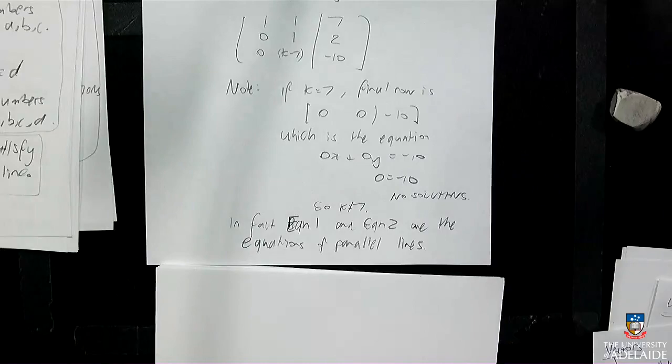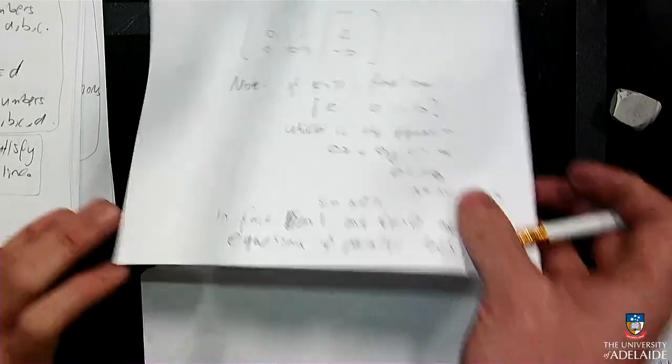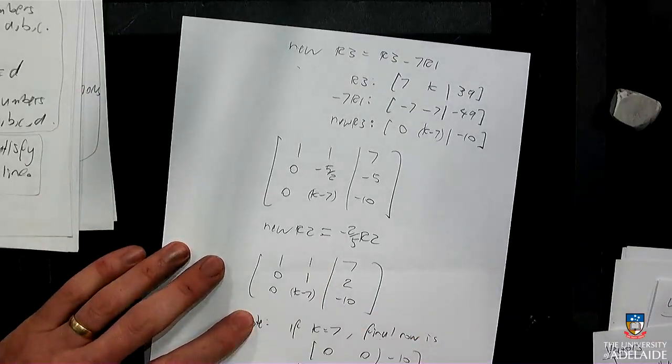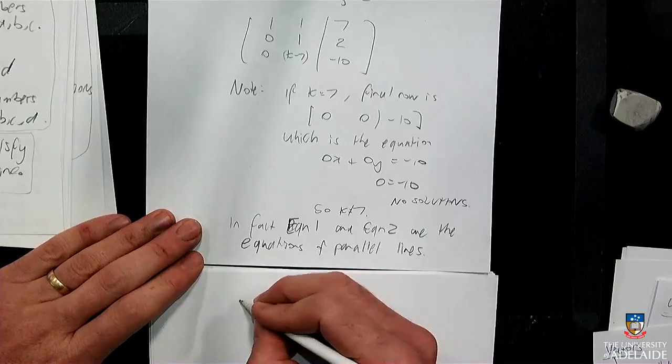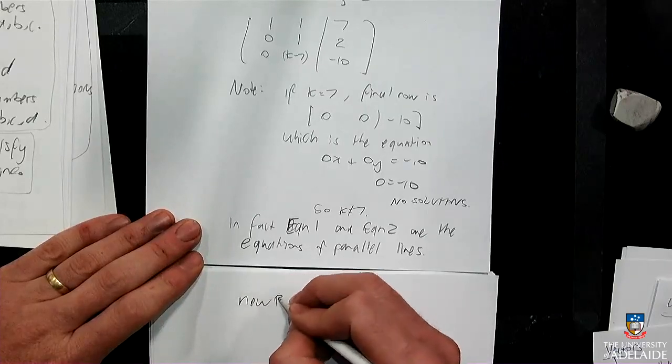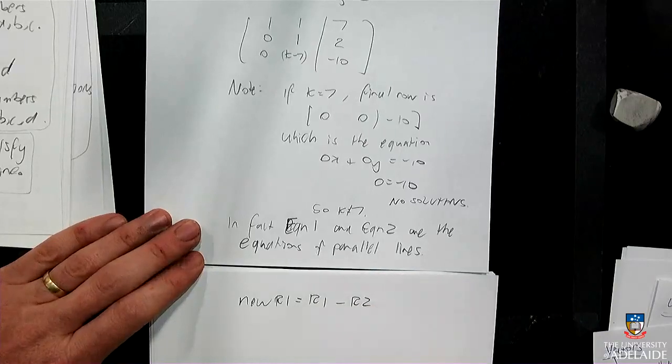Okay, so that's great. So I guess I'll go back to here and I'll make a 0 there. So my new row 1 could be row 1 minus row 2. That'll work, won't it?